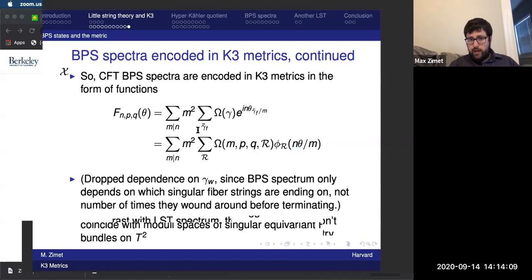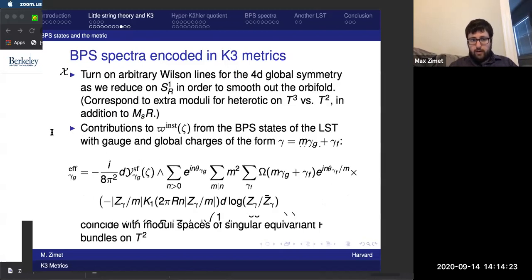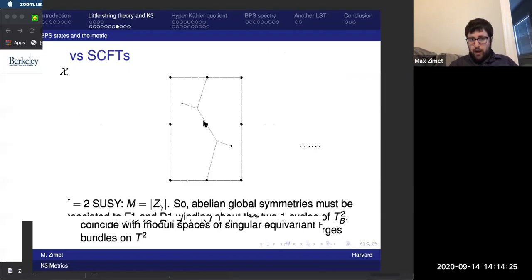The charges here that are labeling the flavor charges of these BPS states are valued in the weight lattice of the corresponding singular fiber. So if I have strings which are ending on some I0 star singular fiber, the weight lattice will then be the D4 weight lattice.